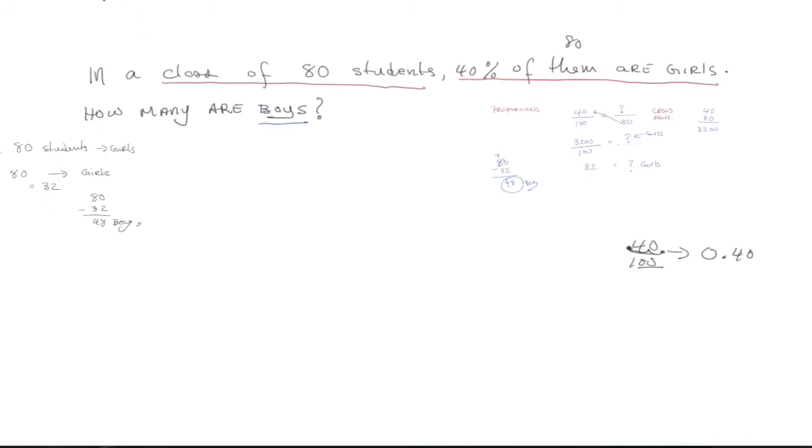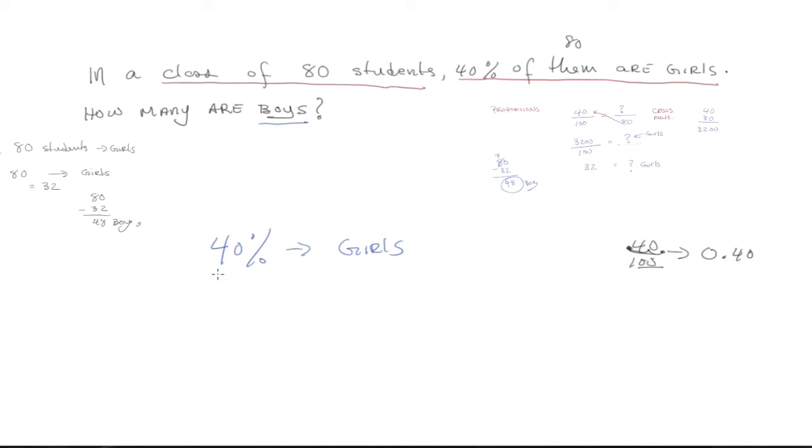So here's the third technique. If 40% of the students are girls, then how many are boys in percent? Well, there could only be 100% because you can't have more than 100% of something.